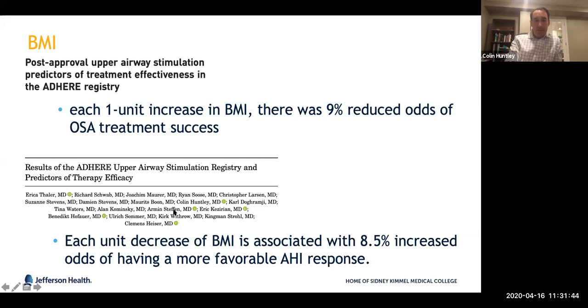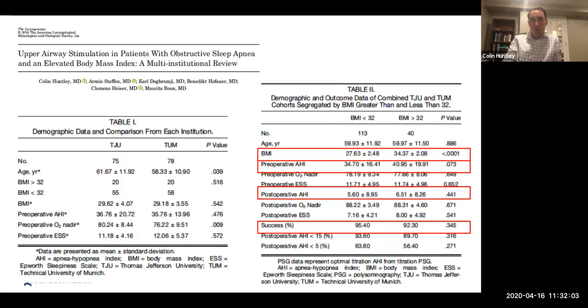With the ADHERE 1000 paper, you saw for each decrease in BMI, an 8.5% increase in odds of having more favorable AHI response. So overall, BMI probably does play a role. Our bias or our thought is that it's probably more body habitus than overall BMI.